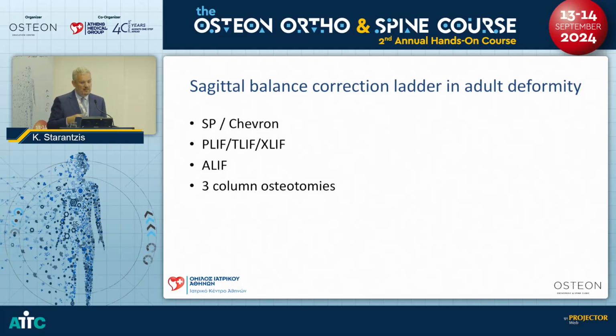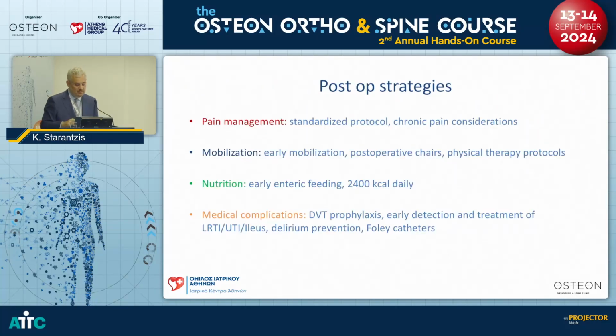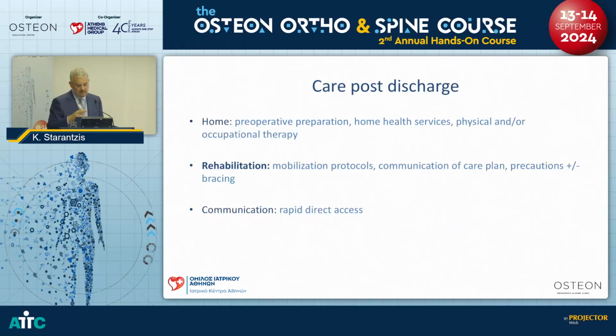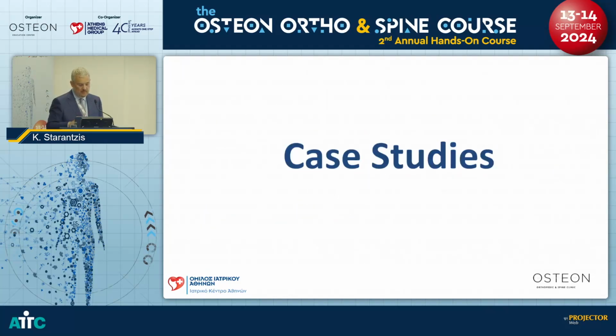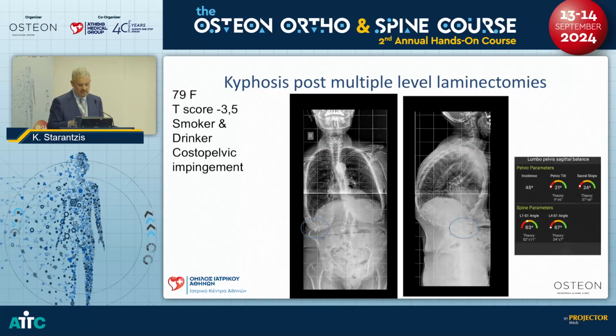And if you need to be more aggressive, you go for an ALIF, which gives you a good foundation at the lumbosacral junction. And if need be, you go for a 3-column osteotomy, which is high risk and high complication rate surgery. So I'm not gonna stay here. I'm gonna discuss a few cases with you.